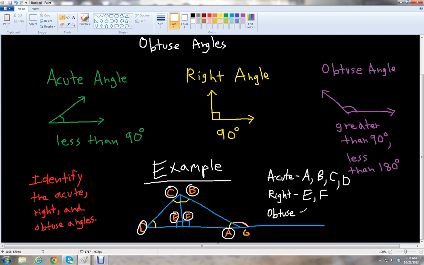That's greater than 90 degrees, but it's also less than 180 degrees. So it would be this angle here, for G. So angle G is the obtuse angle. So this was a good example to determine our acute, right, and obtuse angles.